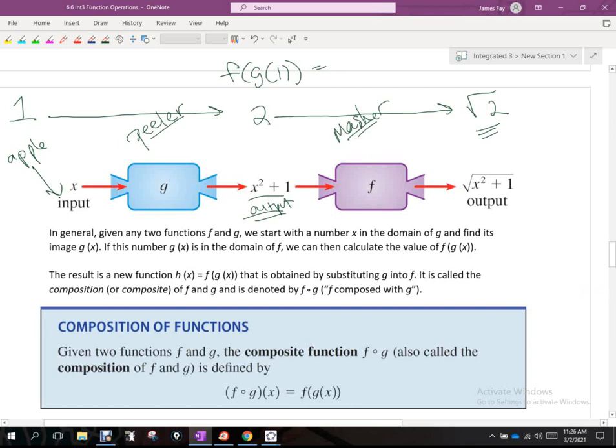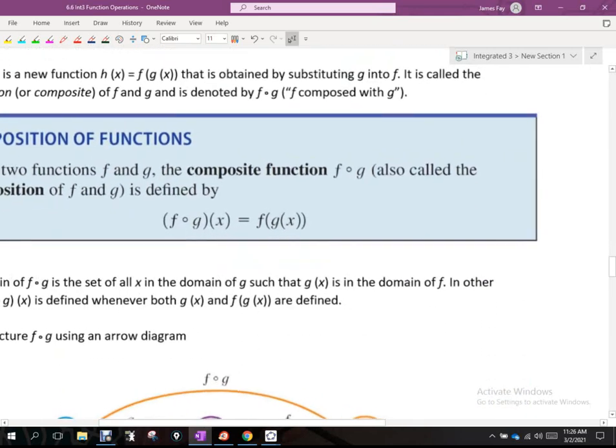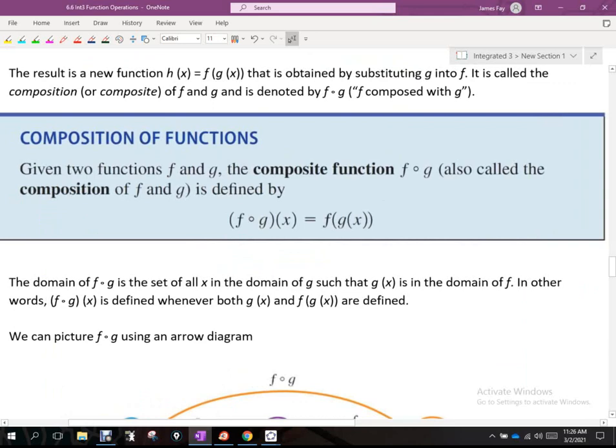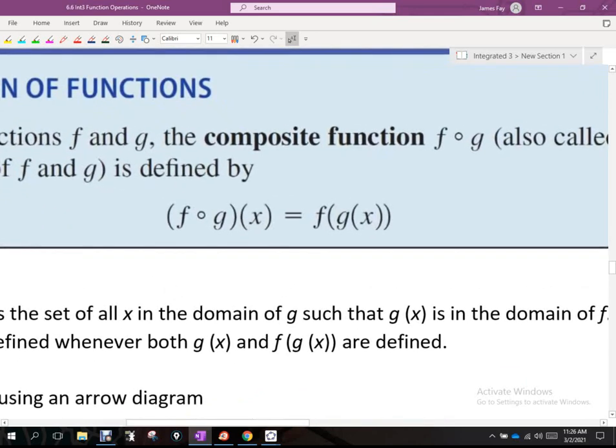You're going to see from time to time notation that looks like this. And this is where I think students get confused about whether this is multiplication or not. They see that open dot, where it says F open dot G. That open dot is notation for the word composite or composed with.